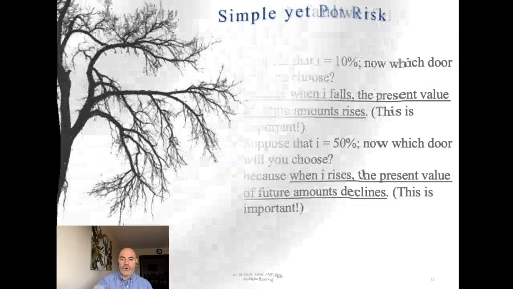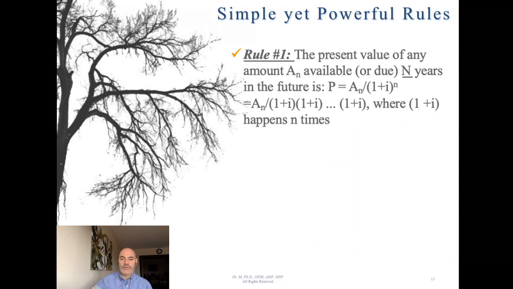Now we can move on and consider some simple but yet powerful rules in addition to what we have already discovered. Rule number one, consider two future amounts. Amount one is available 1 year from now. And you already know that implicitly tells you you're talking about annual interest rate.